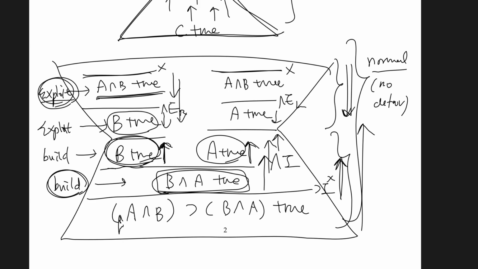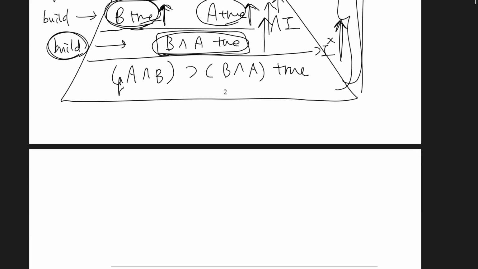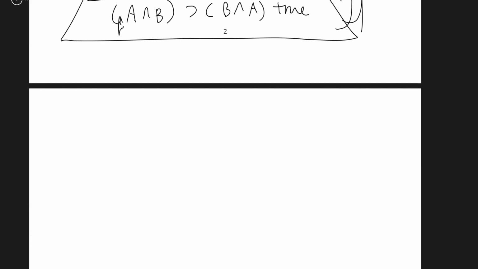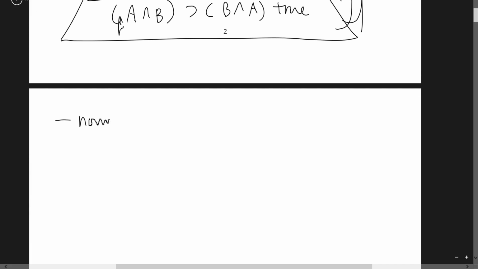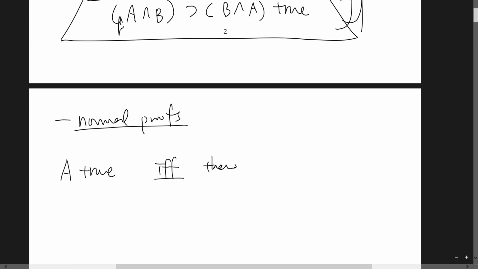And before we formalize this notion, let's inspect an important property of normal proofs. So it turns out that A true is provable if and only if there is a normal proof of A true.